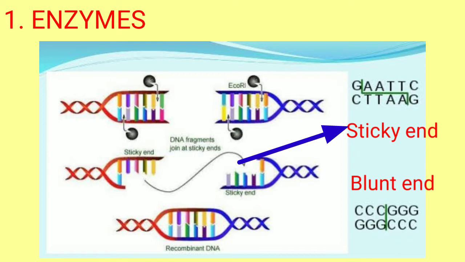Such kind of ends are called sticky ends, and the restriction endonuclease EcoRI gives an L-type pattern. So in that way, EcoRI cuts the DNA at a specific site and produces sticky ends.